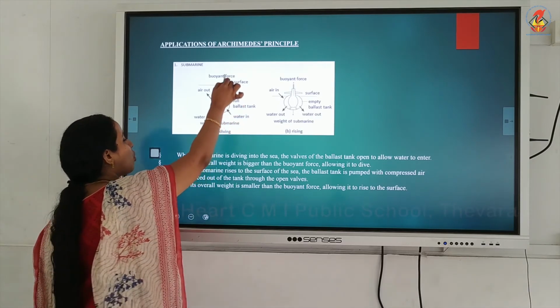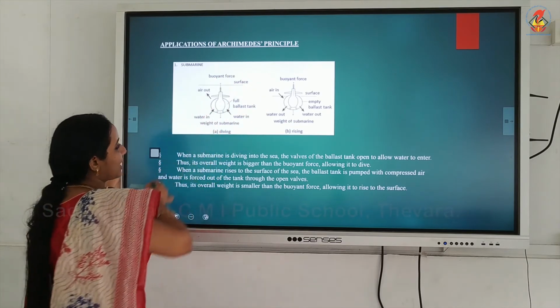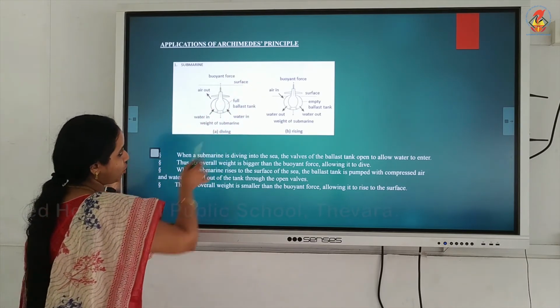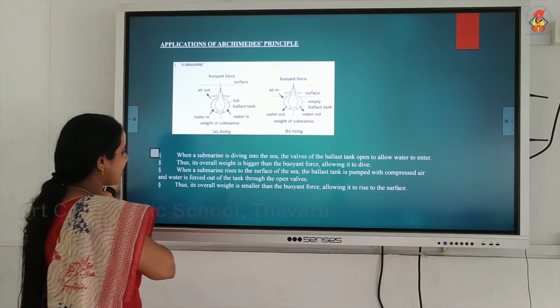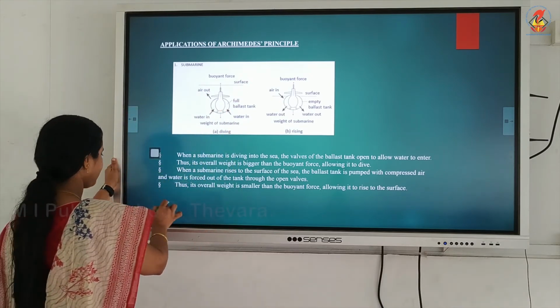So, the total weight of the submarine will increase.